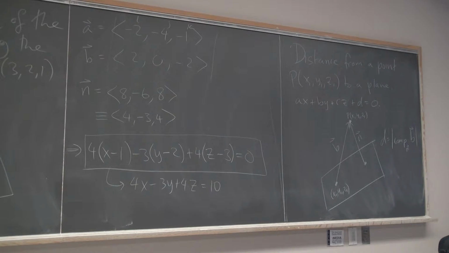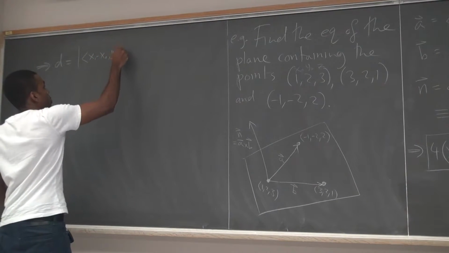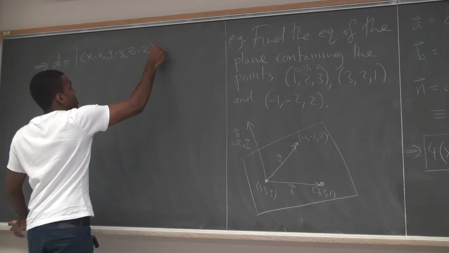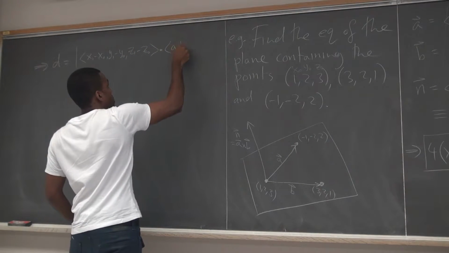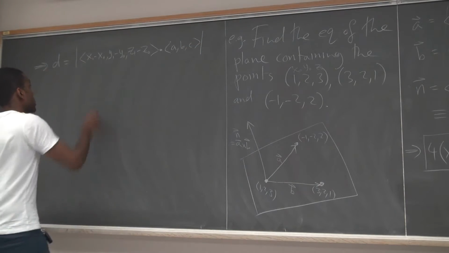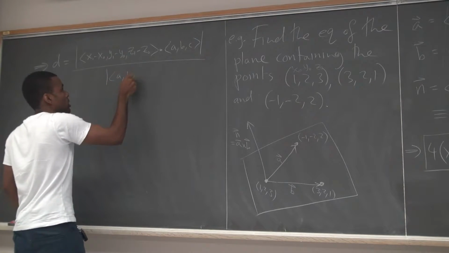So b would actually be x1 minus x0, comma, y1 minus y0, comma, z1 minus z0, dot product with n, which I'm going to call ABC because that's how I defined it, divided by the magnitude of the normal ABC.